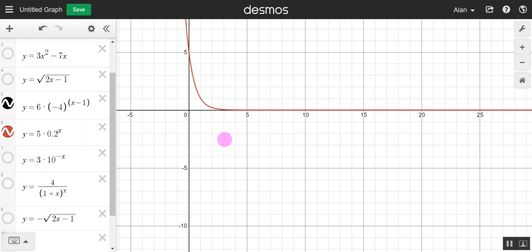Like 0.9 recurring, that kind of thing, yeah? When the common ratio is between 0 and 1, it gets less and less, so each term gets smaller and smaller.